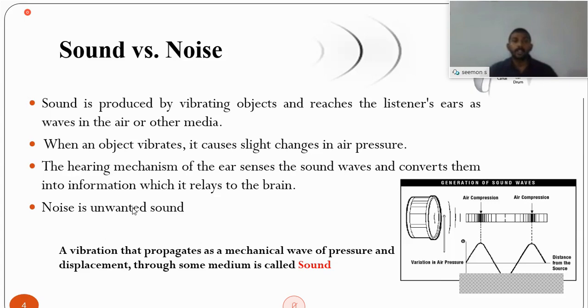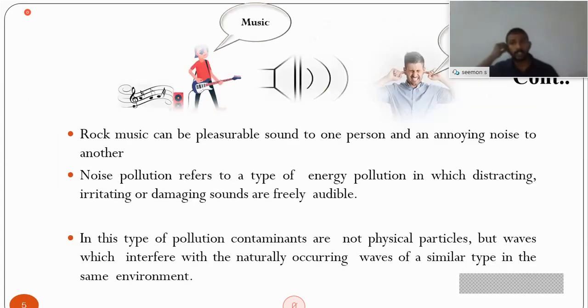Moving on, noise is unwanted sound. Whether something is considered noise or music depends on the people. If a man is playing rock music, it may be pleasant and pleasurable noise for one person who is listening, and similarly it may be irritating, annoying noise for another person.